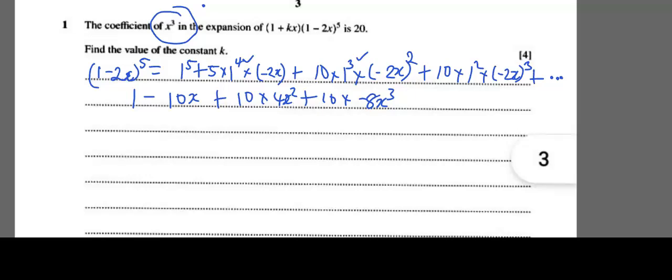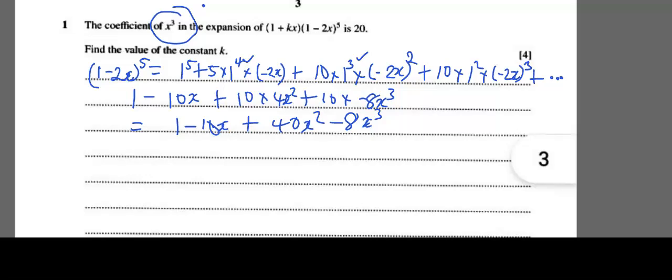And if we simplify, we will get 1 minus 10x plus 40x squared minus, this becomes 10 by 8, that's 80x cubed.